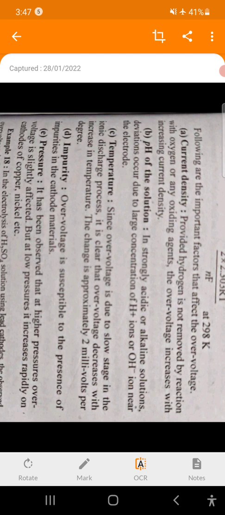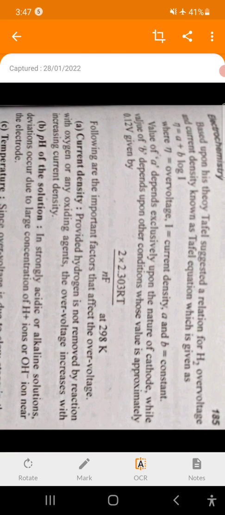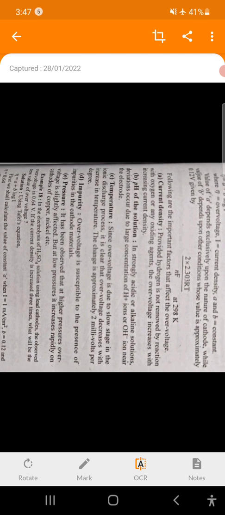Try to solve those examples, and that is a part of the application of the overvoltage concept to electrochemical cells. Thank you. We stop here.